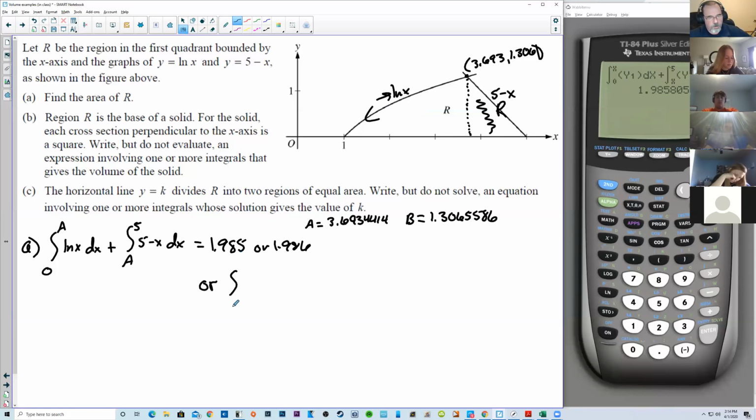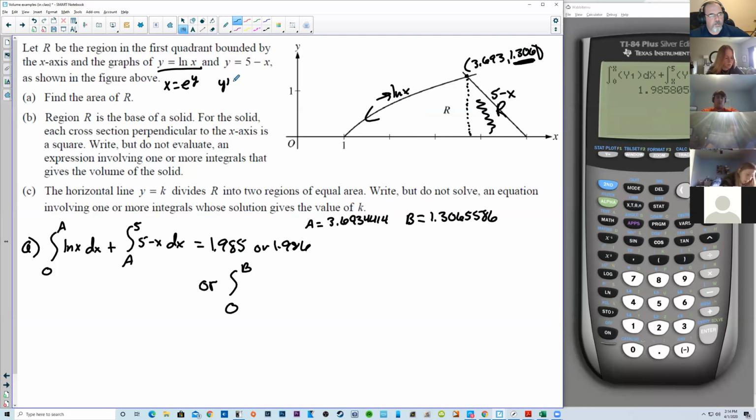So integral from 0 to b, now we're integrating with respect to y, of the right function minus the left function, but we need them in terms of y, not in terms of x. So I need to switch that curve right there. So x is equal to e to the y. And we need to switch these.